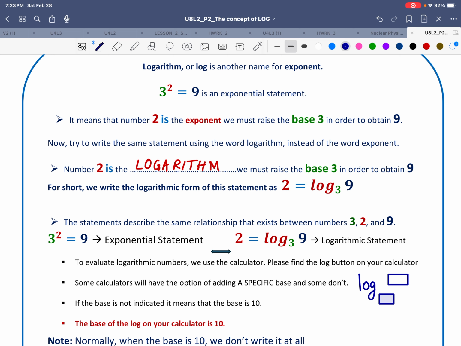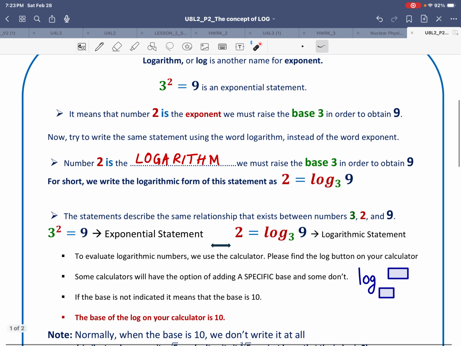And one of them is going to be at the bottom. That's where you can input the specific base. For example, we would put number 3. And right here, you're going to put the number 9, and you can press either equal or enter or answer, so whatever option your calculator gives you in order to get the value of it. And I want you to try to do that and see if you get the number 2.